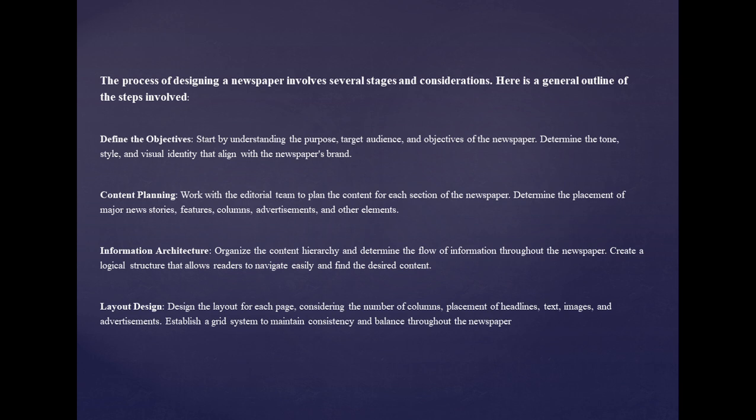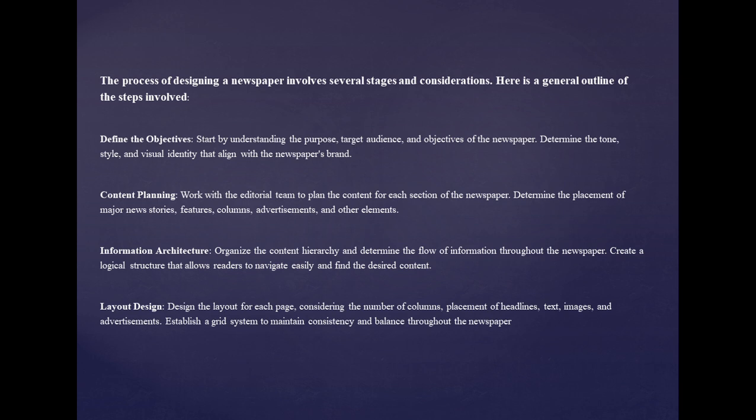The process of designing a newspaper involves several stages and considerations. Here is a general outline of the steps involved. First, define the objectives. Start by understanding the purpose, target audience, and objectives of the newspaper.